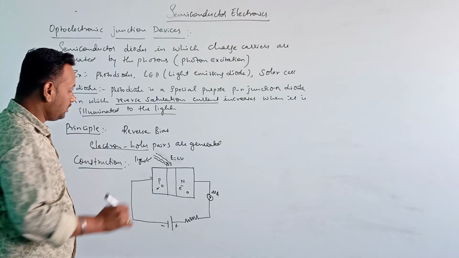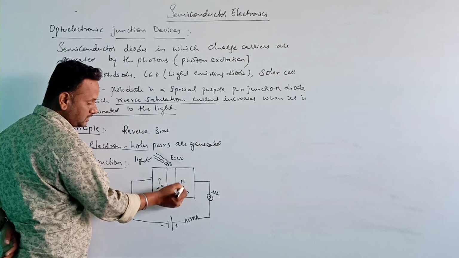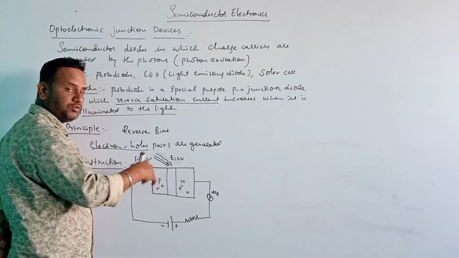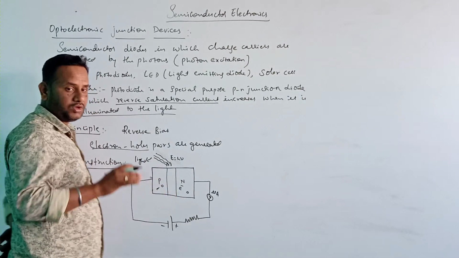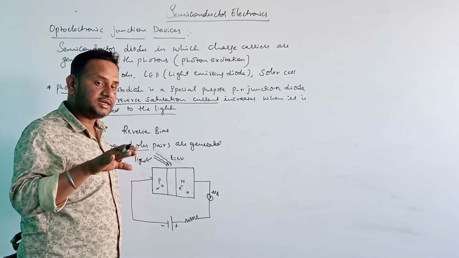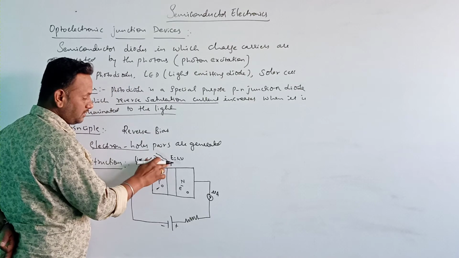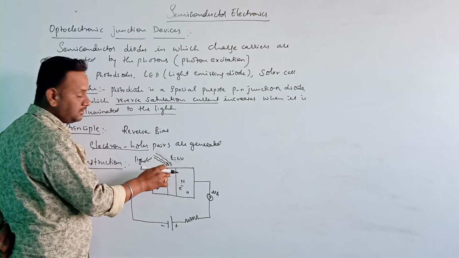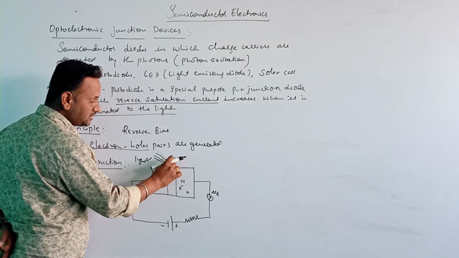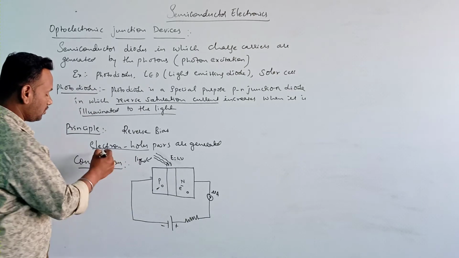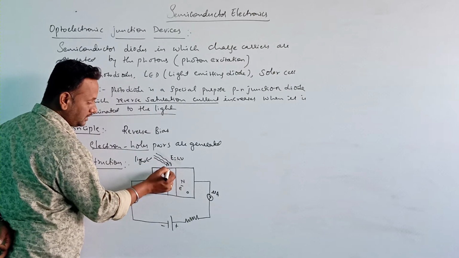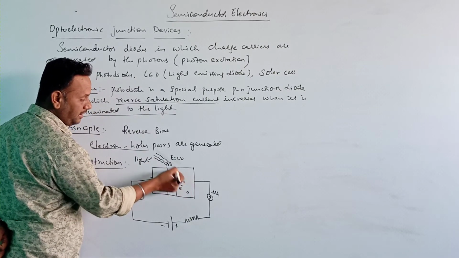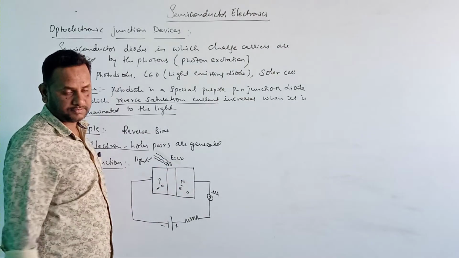Because of the minority charge carriers in both regions, there is a small current. And how is this current increased? When radiation of a certain frequency is incident, electron hole pairs are generated, and they reach the N side and the P side.